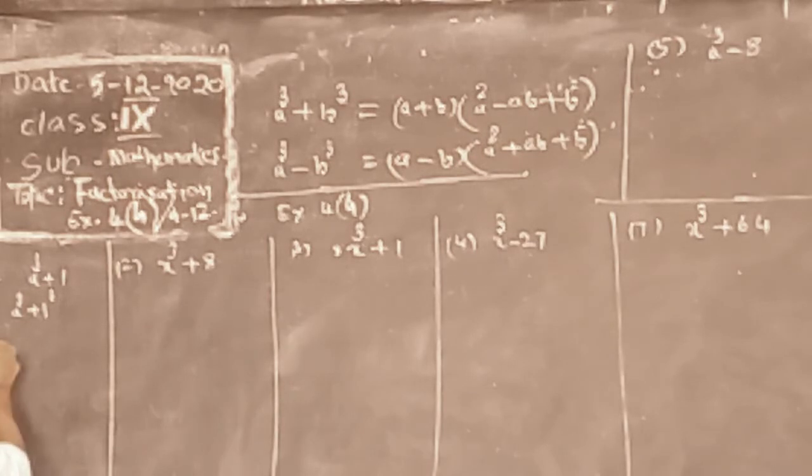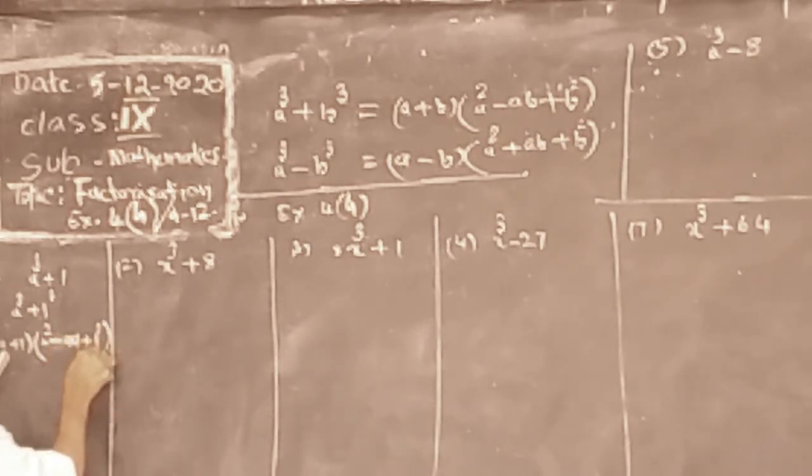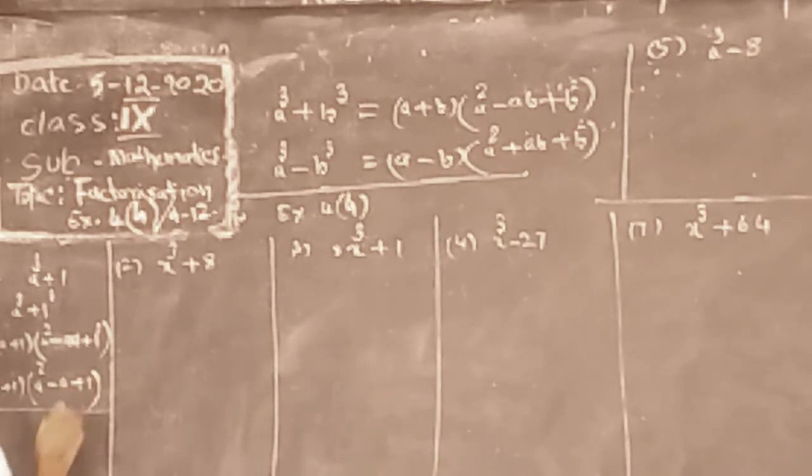We can write the factors: (a plus 1) into (a squared minus a into 1 plus 1 squared). So (a plus 1) into (a squared minus a plus 1). That's all. These are the factors.